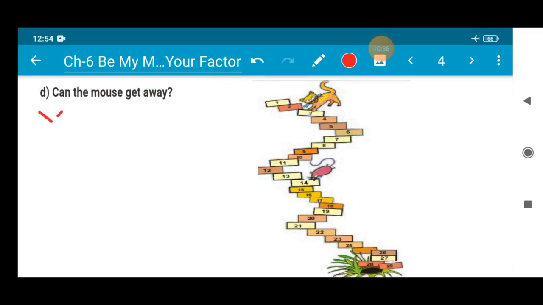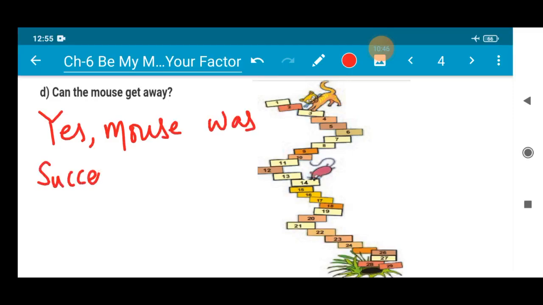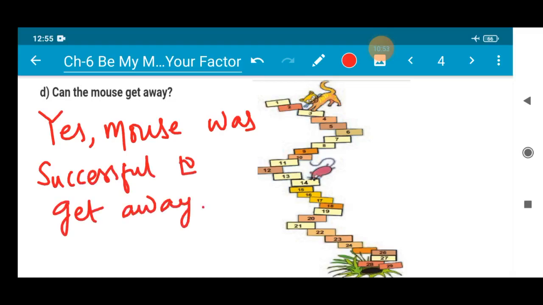So yes, we can write: yes, the mouse was successful to get away, because the mouse was very far ahead and in no step did they meet. They touched the same steps but they didn't meet at any step. So the mouse was successful to get away. All right students, I hope you have understood this.